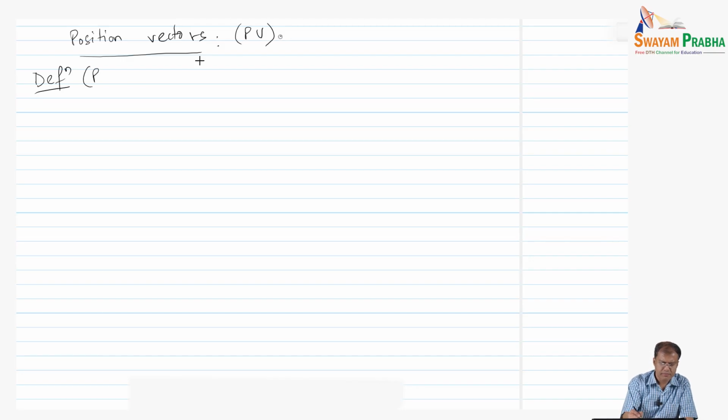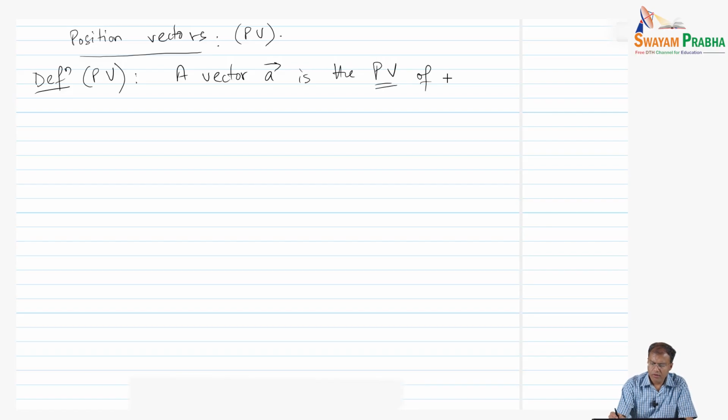So position vectors. We say that a vector A is the position vector of a point, let's say a point A, relative to some origin O of the standard basis or the coordinate basis.